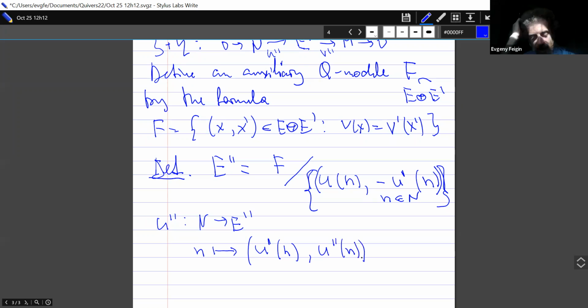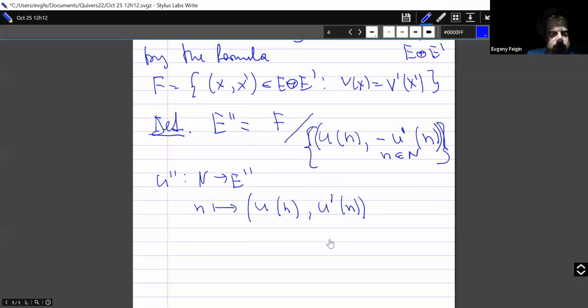So you can see that indeed this element belongs to our F, and we take actually the class of such an element.